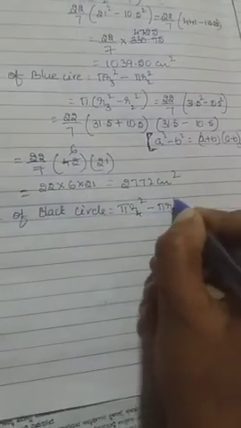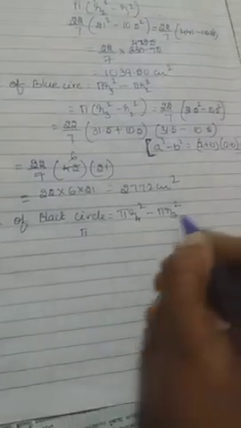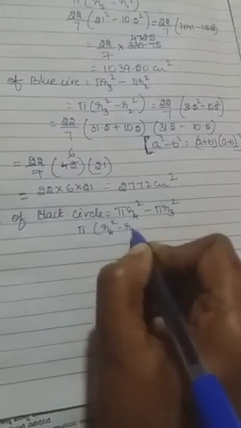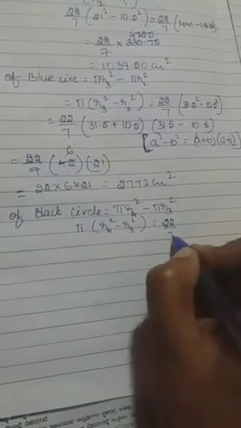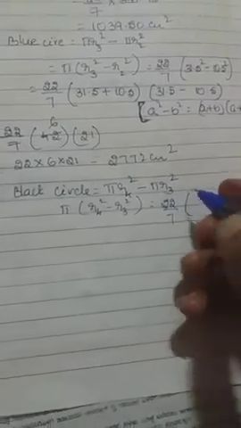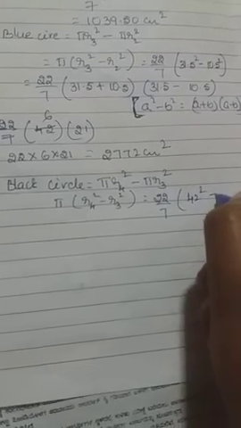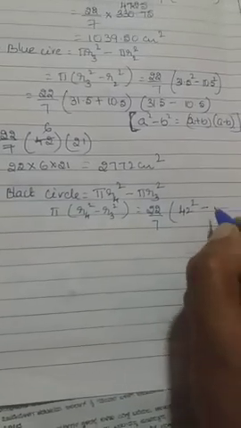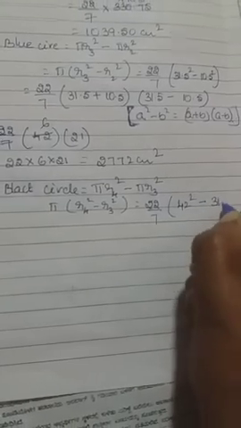Taking pi common, pi into r4 square minus r3 square. Let us substitute the values: pi is 22 by 7 into r4, which is 42, so 42 square minus r3, which is 31.5 square.